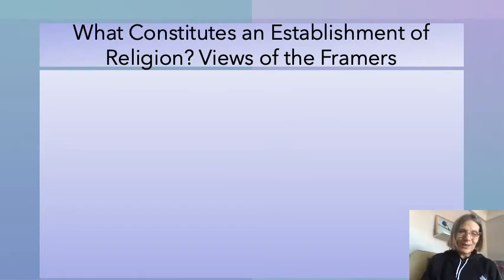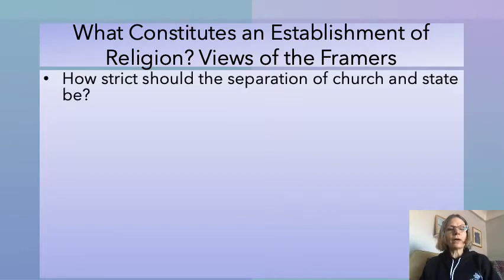Unfortunately, or fortunately, and this is one of the problems with the intent of the framers, there were lots of different opinions when it came to what constituted an establishment of religion. In other words, how strict the separation between church and state should be. And so your textbook talks about the different viewpoints that the framers had.